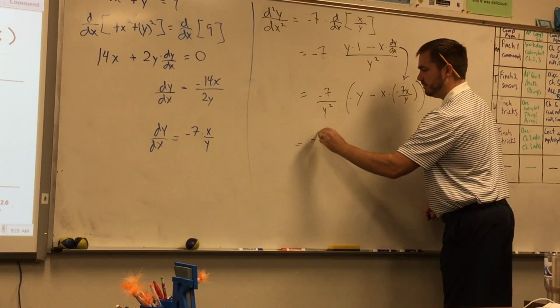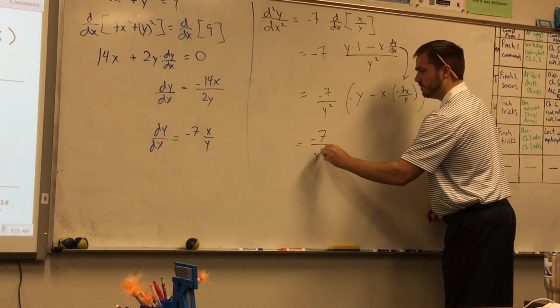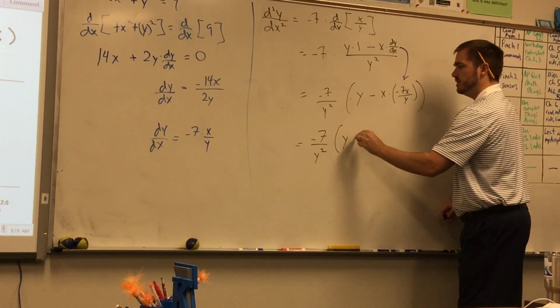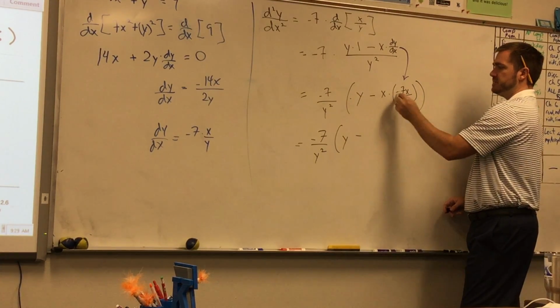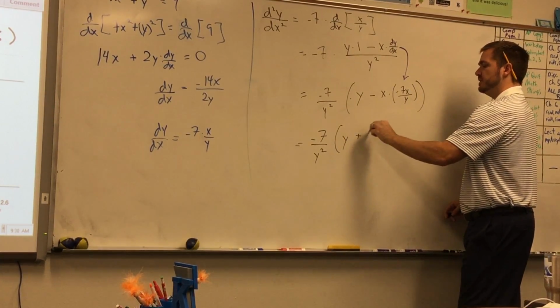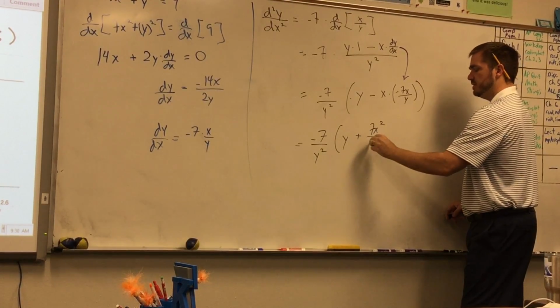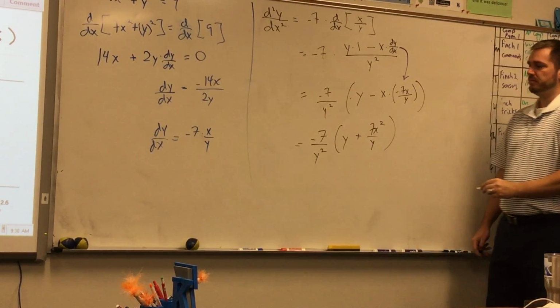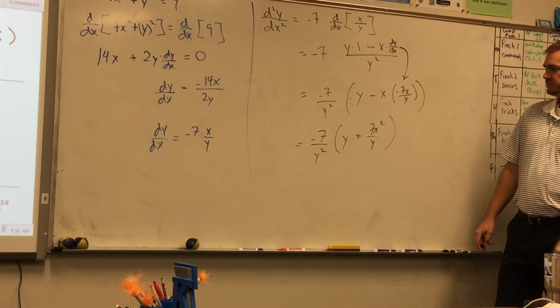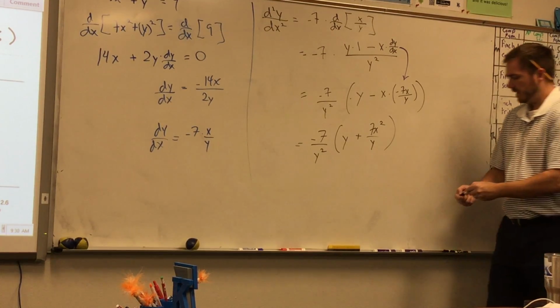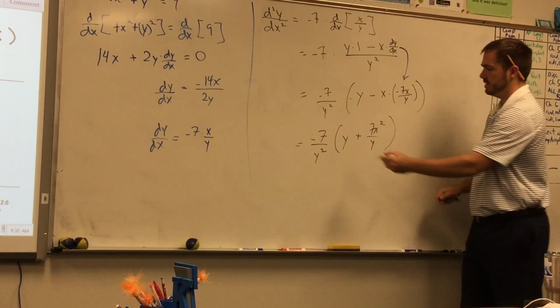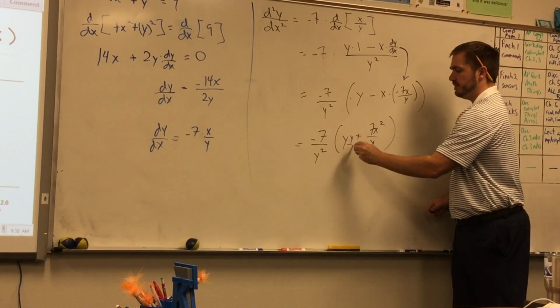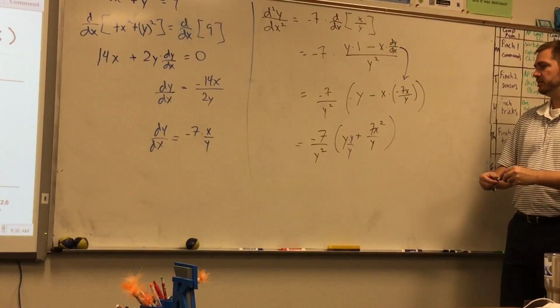Now it's just an algebra game. -7 over y squared times y minus, well, hold on, a minus and a minus is going to be turned into a plus. So that's going to be 7x squared over y. I'm going to multiply this term right here times y over y to get a common denominator.